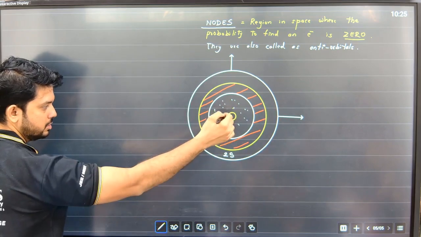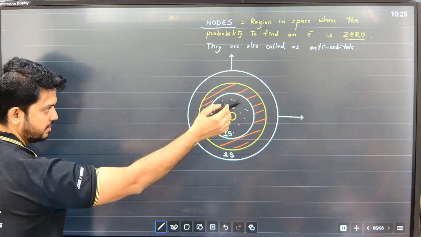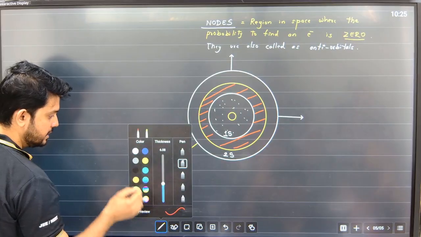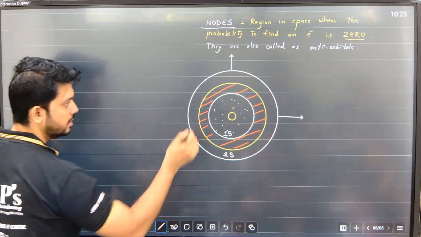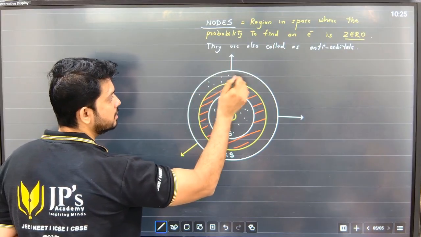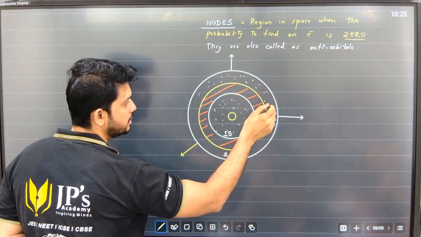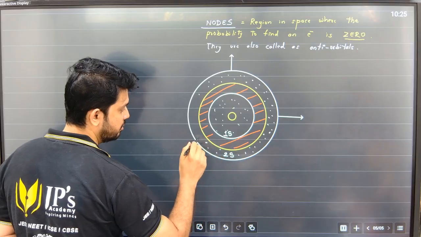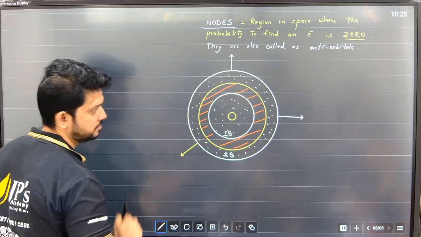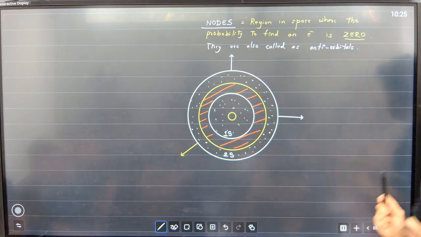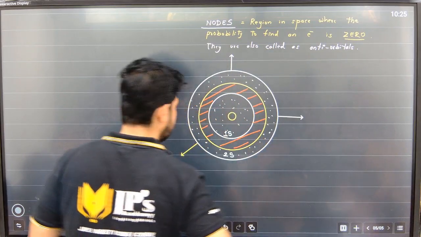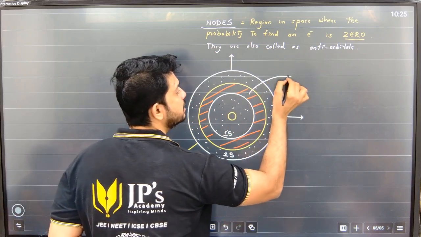So 1s के electrons, nucleus, electrons present in 1s, a particular region जो मैंने red highlight किया, there are no electrons, and then again it was observed that there is a probability to find an electron. This region between 1s and 2s, where there was no electrons found or observed, ये region को हम क्या बोलते हैं? Node.